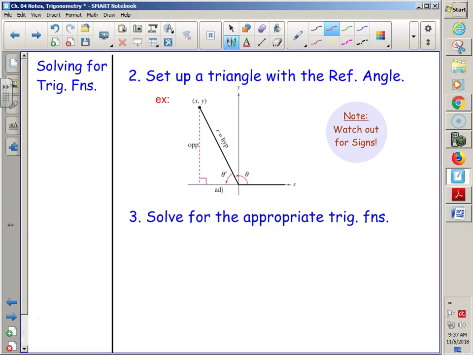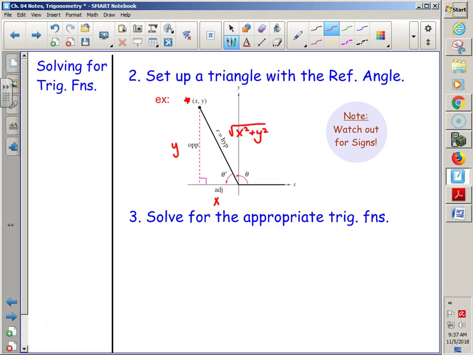And some of you guys very naturally were like, oh, -3, 4, yeah, it's a triangle, no big deal. That's cool. That's going to be helpful. But if you have an xy, that's what we just saw. If you have an xy, you can go ahead and use the xy to solve for your triangle or to set up your triangle.